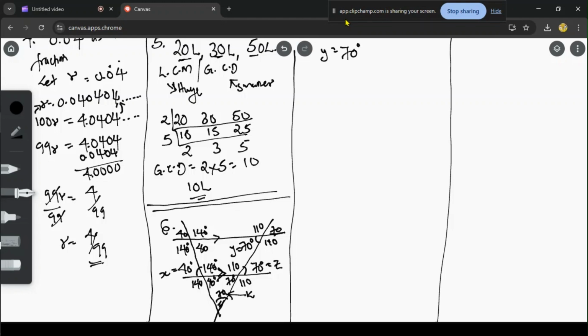And then x, we've said it is 40 degrees, and the other one is z. z is equal to 70 degrees, and again k in our case here it is 70 degrees. So you have that one. This was number 6A.